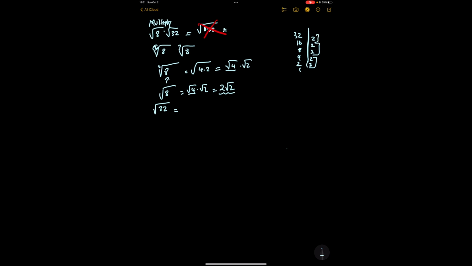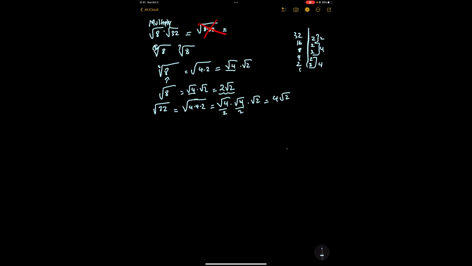That means we can say the square root of 32 is equal to 4 and 4 and 2. Now, we can say 4 and 4 and square root of 2, which is equal to 2 and 2 and square root of 2. 2 times 2 is 4 square root of 2.